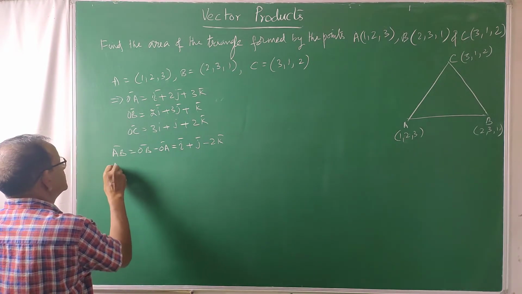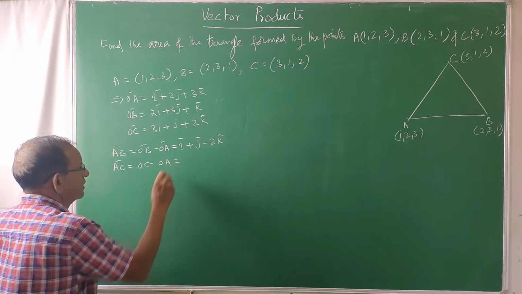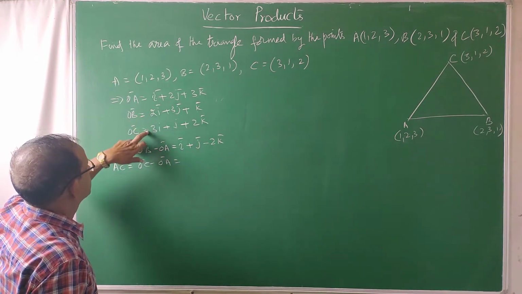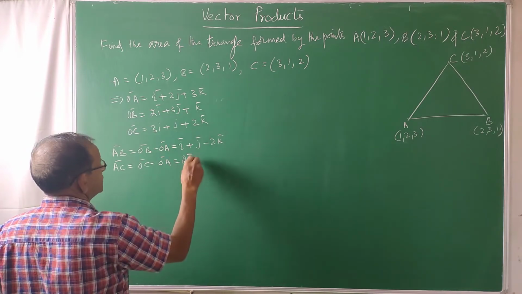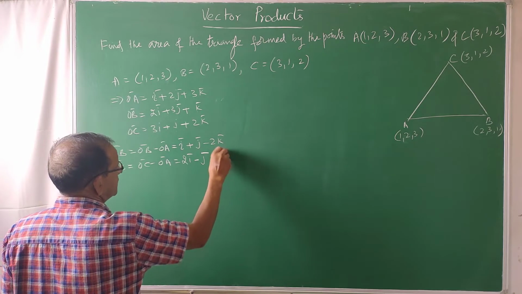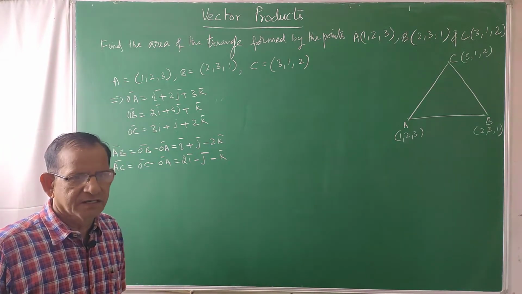Next, AC bar is OC bar minus OA bar, first third minus first: 3i minus i, 2i, j minus 2j, minus j, 2k minus 3k, minus k. These are the two coterminous edges, AB bar and AC bar.